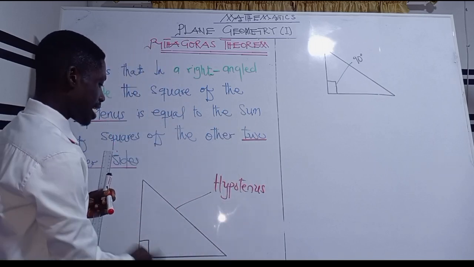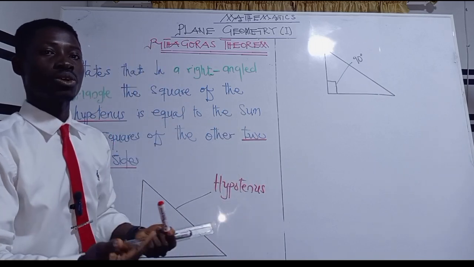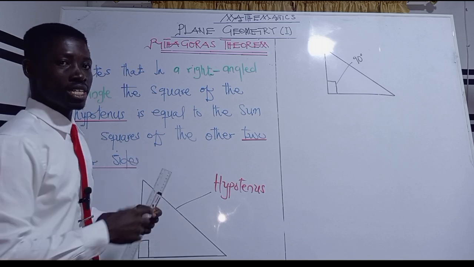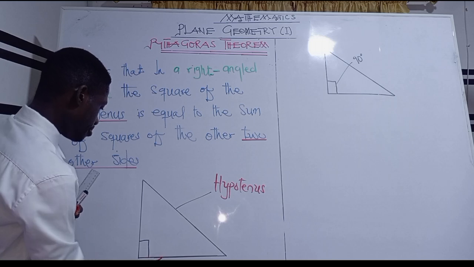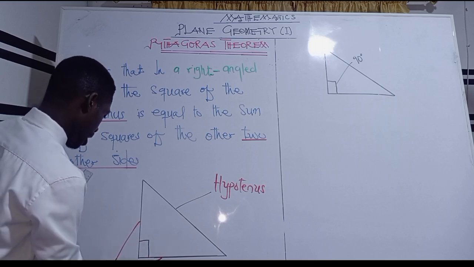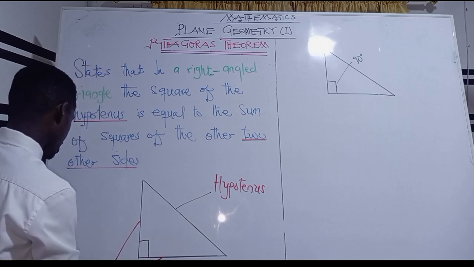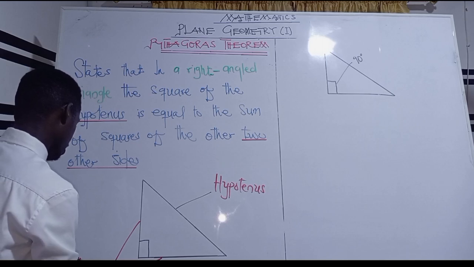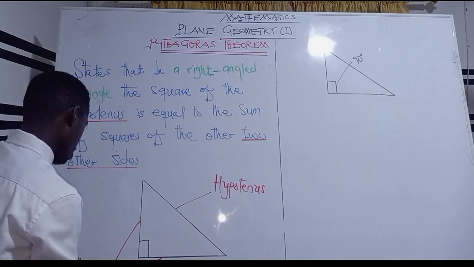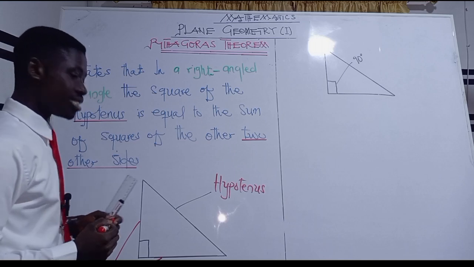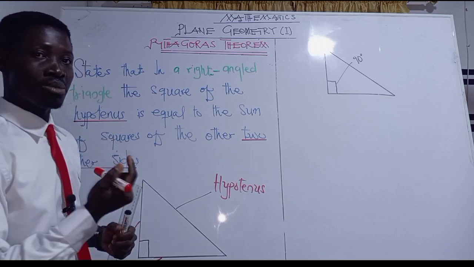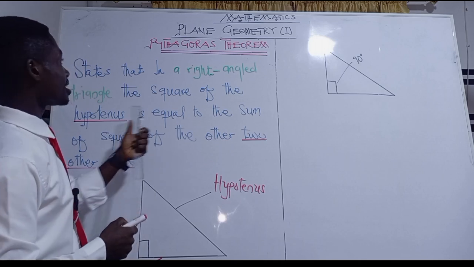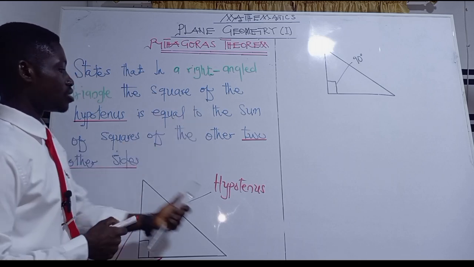And then the other sides are called the other two sides or the other legs of the right-angled triangle.